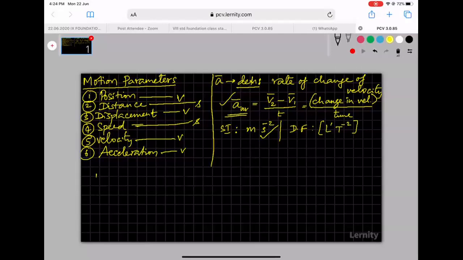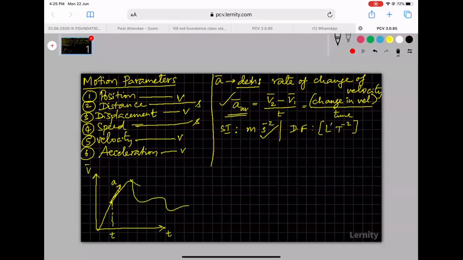Like we already saw, the instantaneous velocity was given by the slope of the displacement versus time graph. Similarly, acceleration is given by the slope of the velocity time graph. If the velocity time graph looks like this, acceleration at this time instant is given by the slope of the graph at this instant.